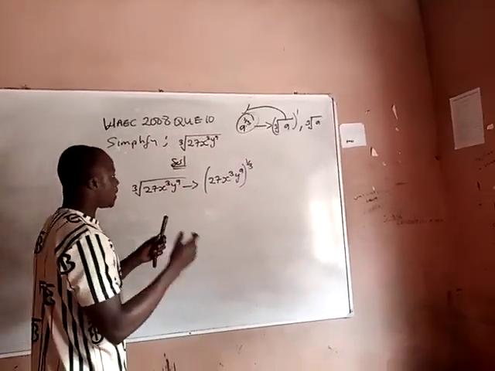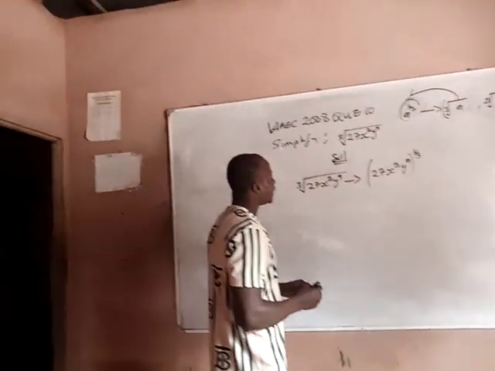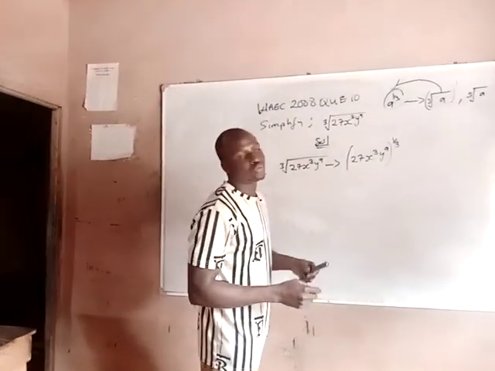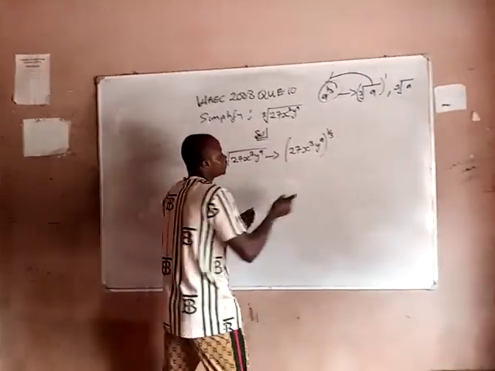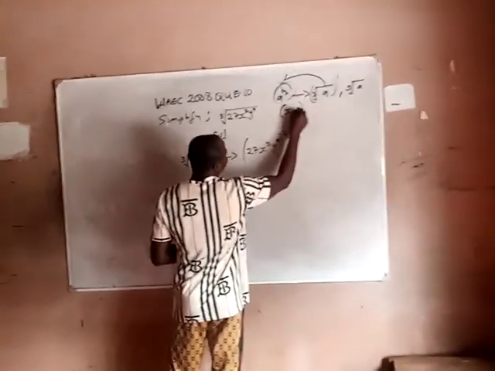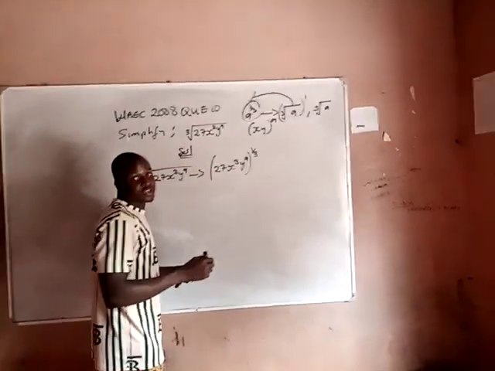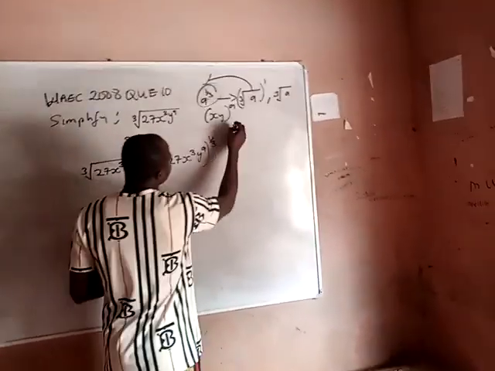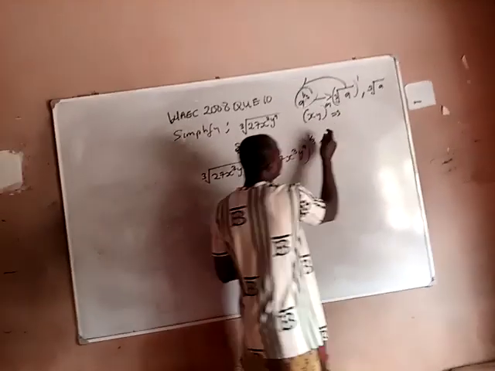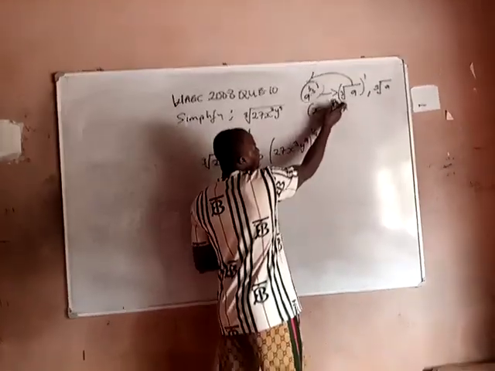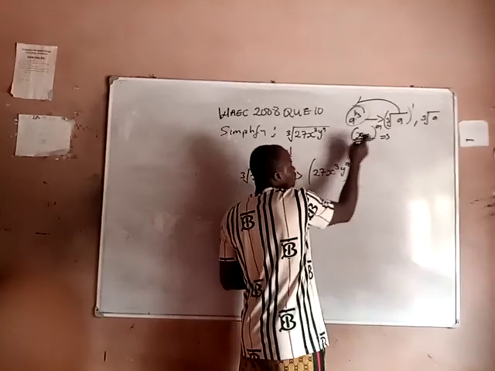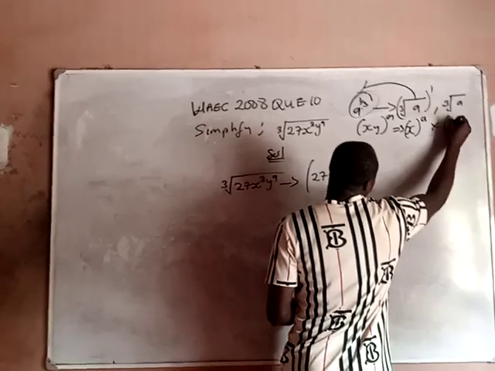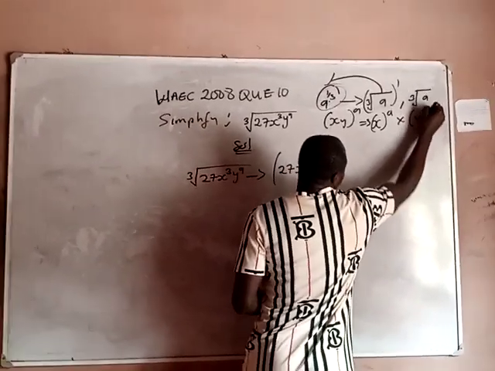Now we are going to apply another law, the product power law. Whenever we have xy raised to the power of a, we split the power onto each of the factors: x raised to the power a times y raised to the power a.